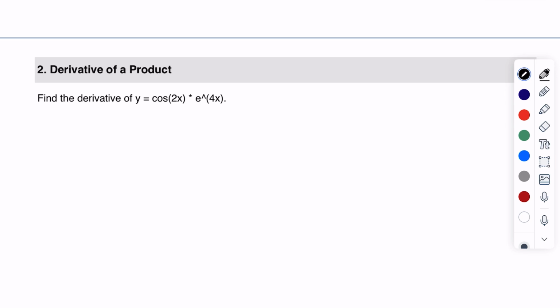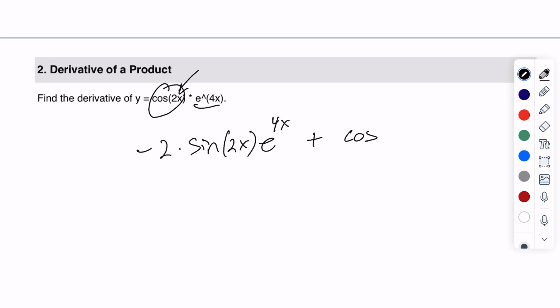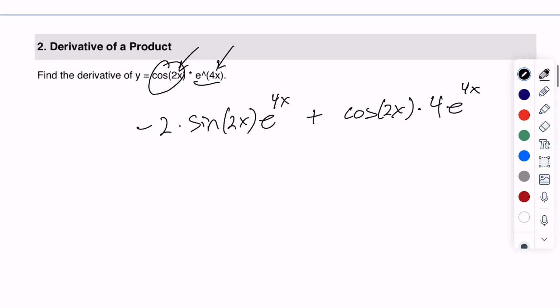So for the derivative of this first function here, we're going to use the chain rule: take the derivative of the inside, which is 2, then multiply by the derivative of the outside, which is minus sine, and leave the inside alone. We multiply by the second function, and we add the first function times the derivative of the second function, which is the derivative of the inside, which is 4, times the function there. You get 4x.